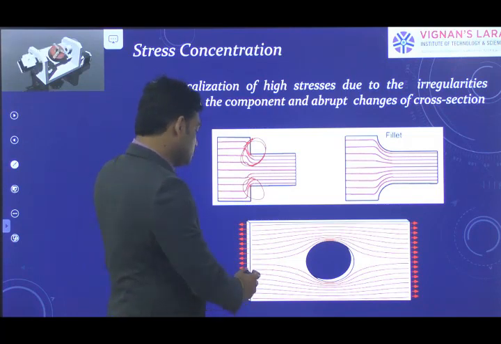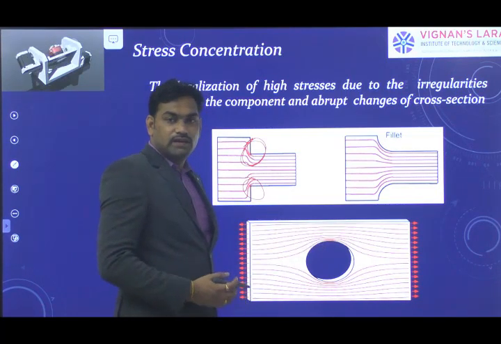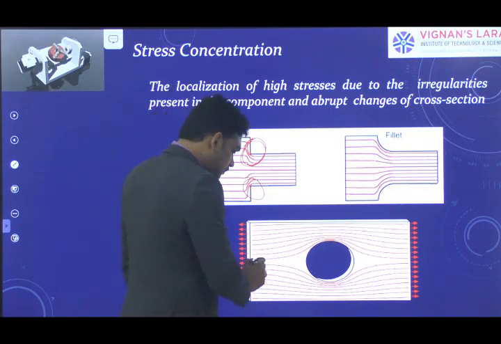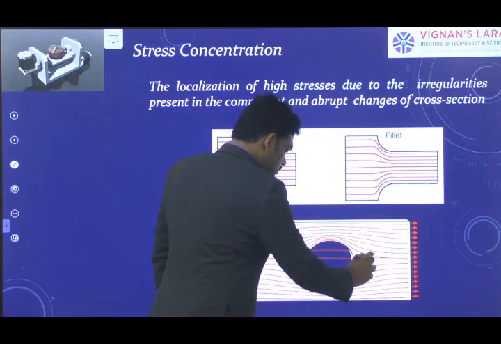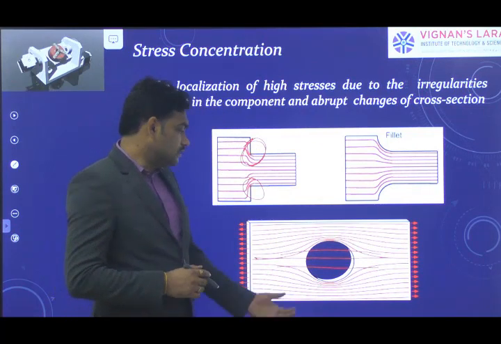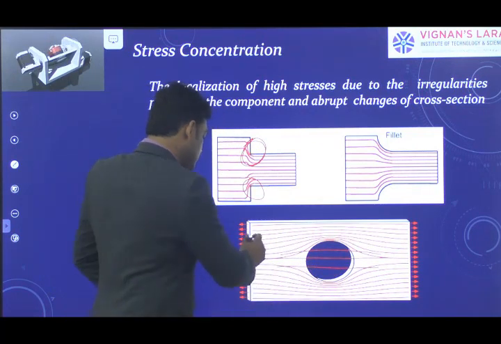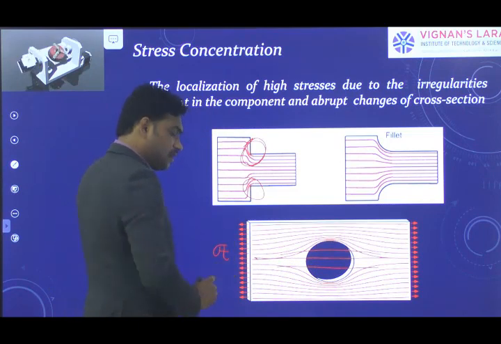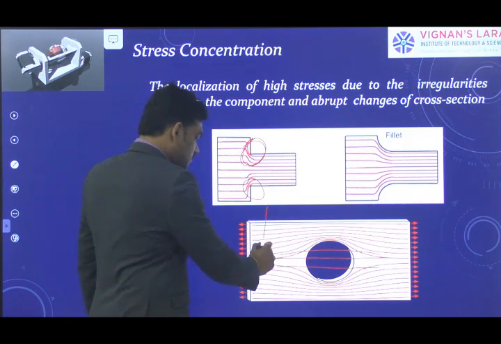Similarly, you can observe here a rectangular plate. If there is no hole in this plate, the stress lines flow smoothly in this fashion. But if you drill a hole in the rectangular plate, the stress induced is sigma, that is P by A, at this section.